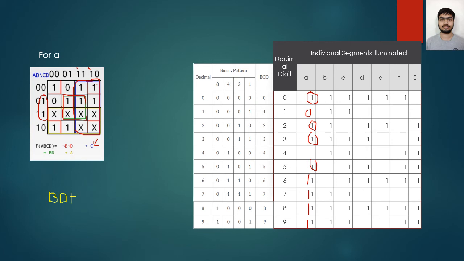Plus, the next group we can make is this, this, this, and this. Using these we can see the non-changing variables are D bar and B bar.